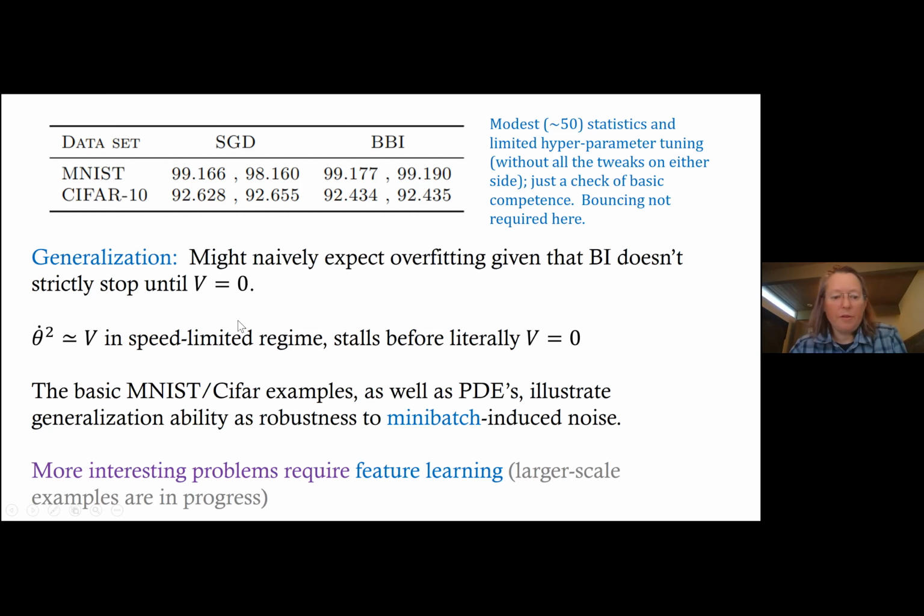Now let me say a few things about generalization. You might naively expect this to overfit if you take the words I said very literally, and this is related to Sven's question earlier. You might have expected that if it just flies around and then suddenly stops at v = 0, that would be bad because it would overfit. In fact, it does stall before that. Both MNIST and CIFAR, as well as these PDE examples we're doing, illustrate that; they check that.